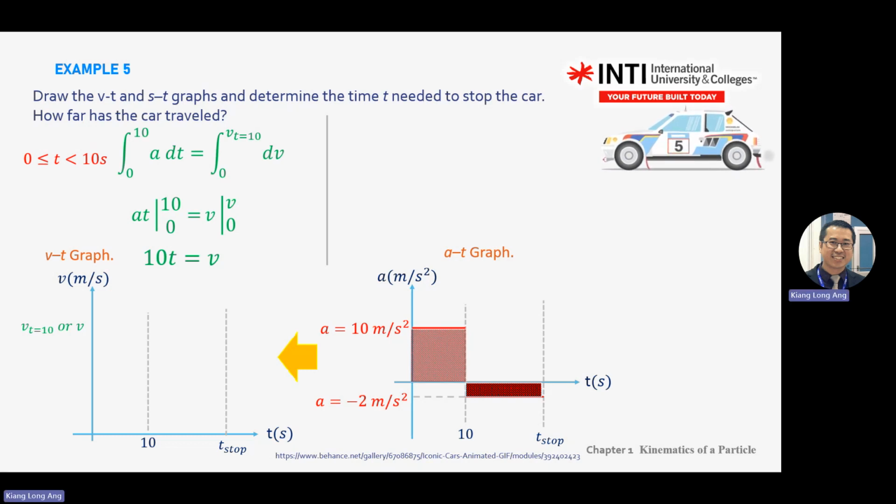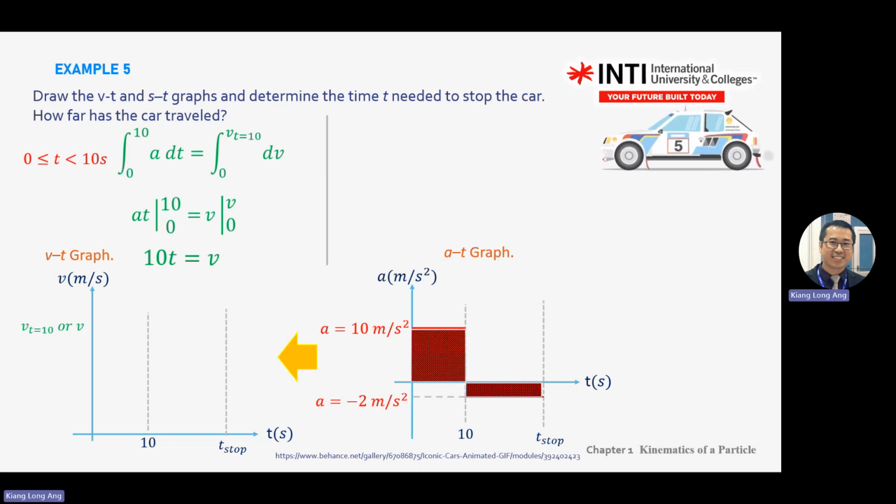When time is 0, what is your velocity? 0. You need to write it somewhere in your calculation. You need to write t equals 0, v equals 0, and substitute here. Then you write here, this is v0.